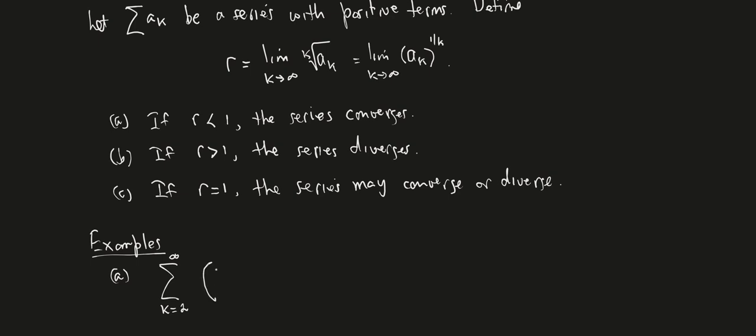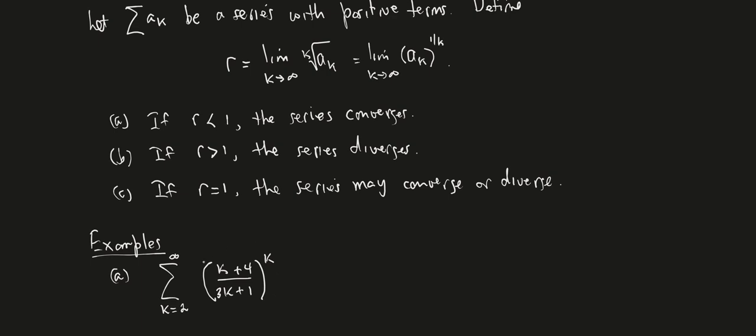What has a bearing is the terms here. So let's say we have (k + 4) over (3k + 1), all to the kth power. When we look at this, if you think of all the tests that we've done up to this point, some of them won't even apply.